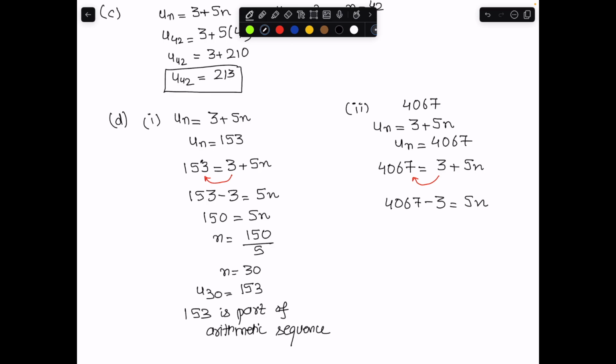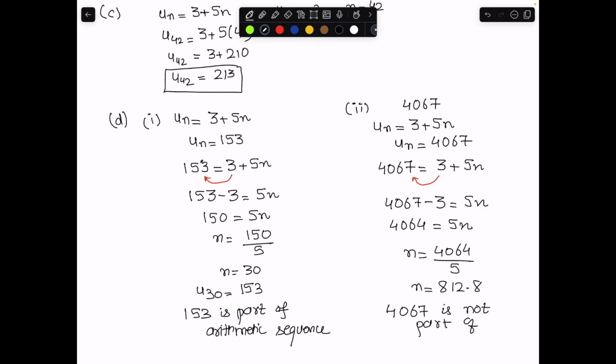So 4067 minus 3, if you see, is 4064. And if I try to find n, it's 4064 over 5. And it's clearly going to be a decimal, because it's not divisible by 5: 812.8. So you would say that 4067 is not part of the arithmetic sequence.